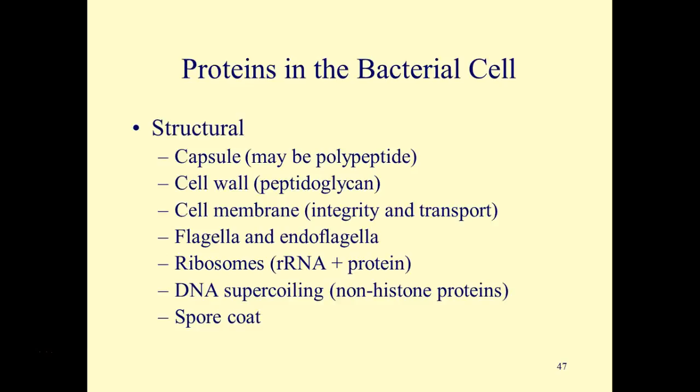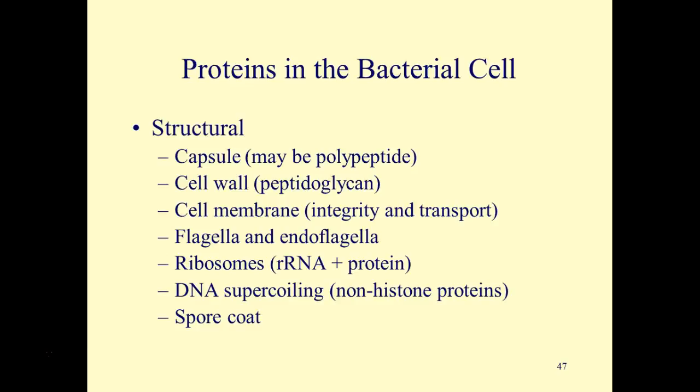Proteins can also be structural. For example, a capsule. A capsule is also a virulence factor, and capsules may be polypeptide. Most of the time capsules are polysaccharides, but it is possible to have a polypeptide capsule. The cell wall has in it peptidoglycan, and peptidoglycan is a combination of a protein and a carbohydrate.